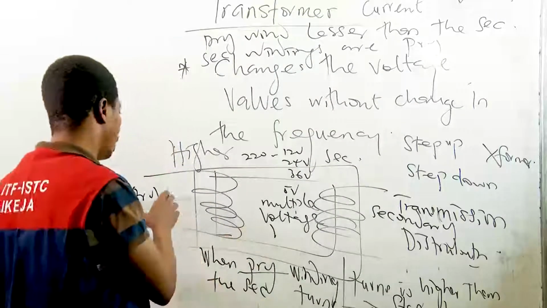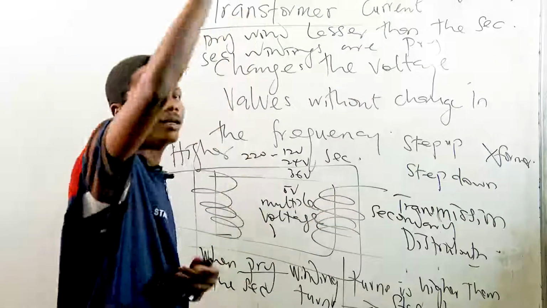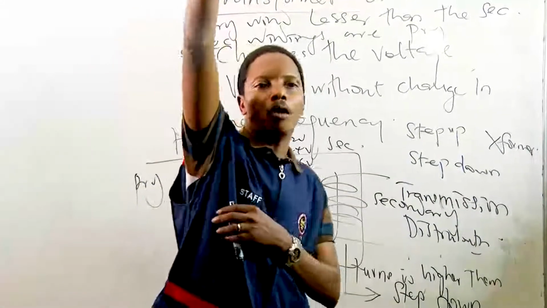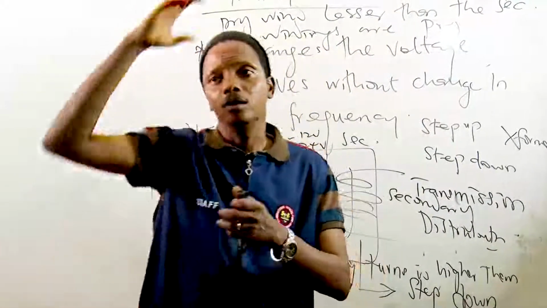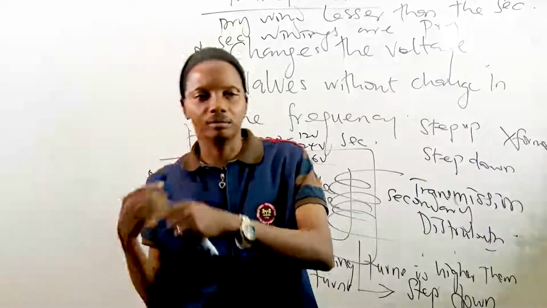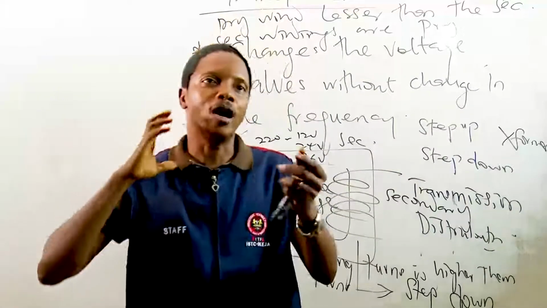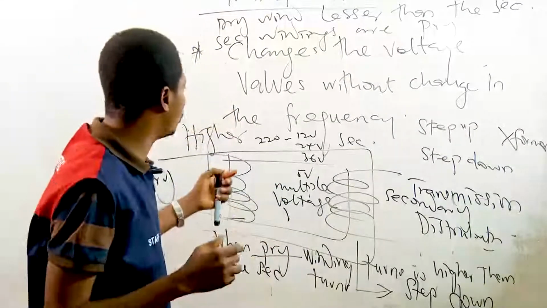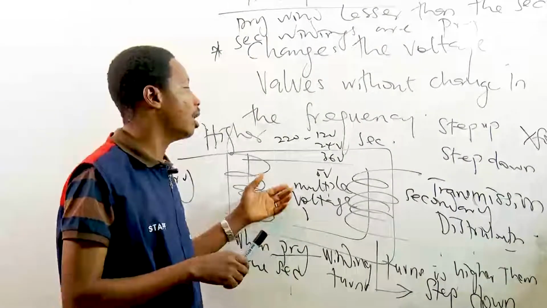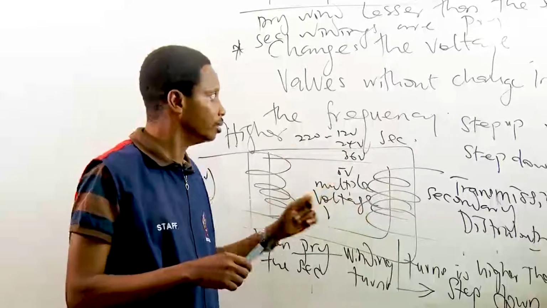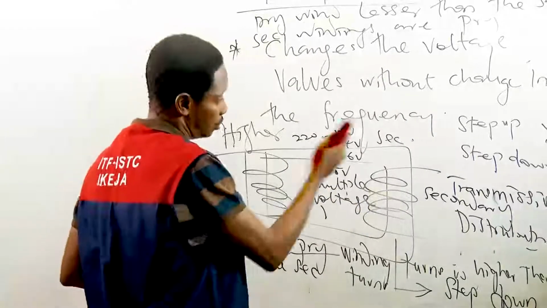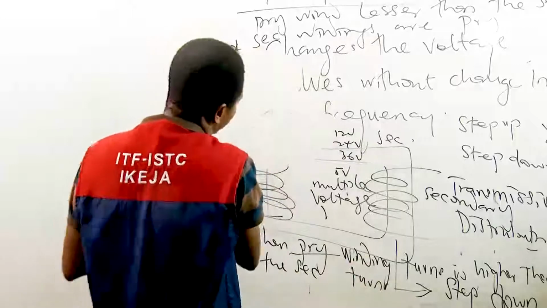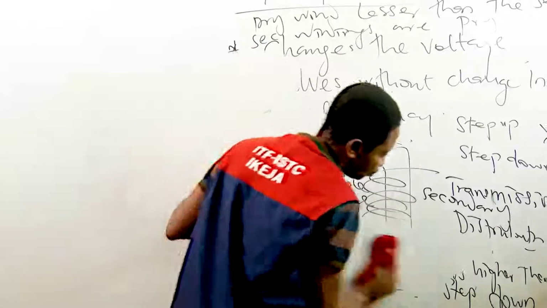This time primary is less, secondary is higher, so we have step up. That is why from the generation to transmission line, we have step up transformer. So step up transformers are basically used in transmission lines. These are the uses.